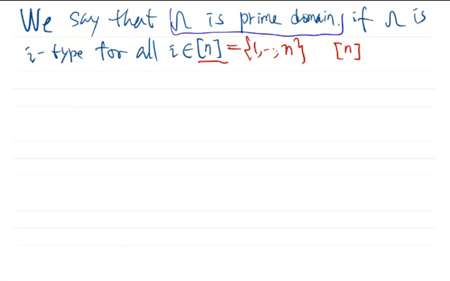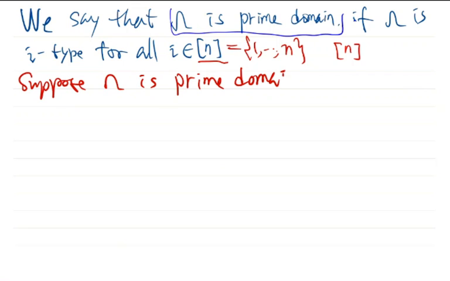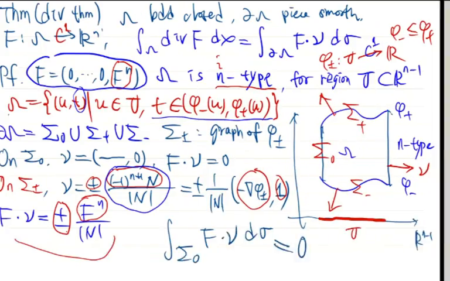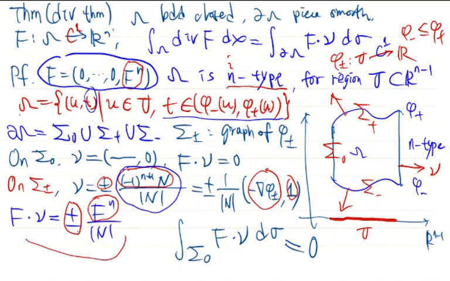So we suppose omega is a prime domain. Then for general F, omega is restricted, it should be prime, but our F can now be general. Previously we required F to have only one non-zero component. Of course, our proof was that only the last component is not zero.